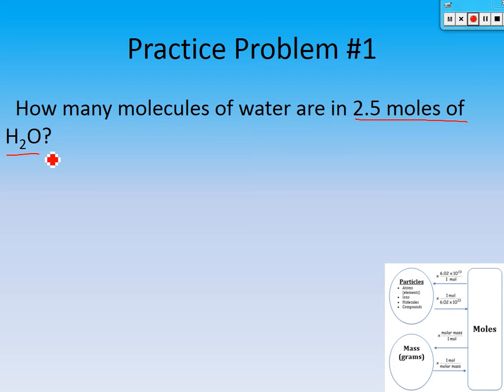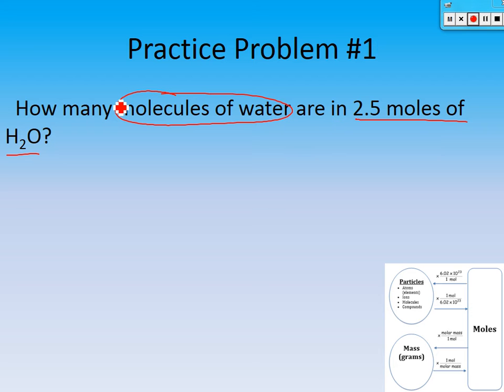And I want to circle what it is they want us to go to. We're supposed to calculate how many molecules of water that is. Okay? And so that's step 1. I underline what they give us, the number that they give us, and the units as well. And then circle what units they want us to go to.